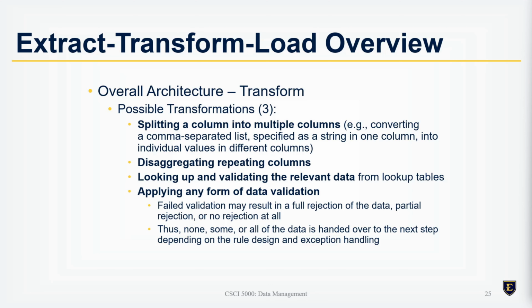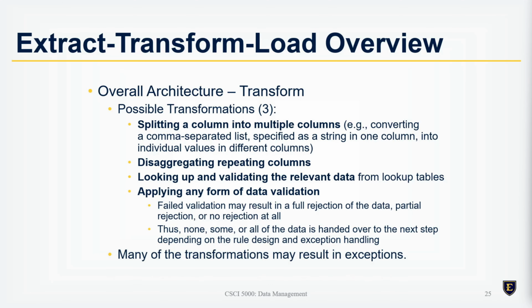Failed data validation may result in rejection of the data, a partial rejection, or no rejection at all. You accept what it is. But none, some, or all of the data is handed over to the next step depending on the validation rules that you have in place.